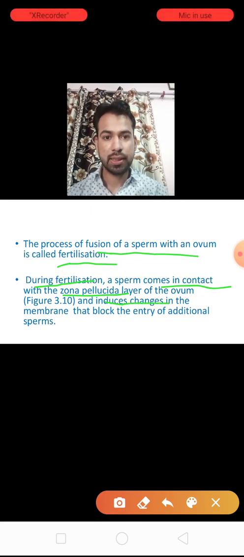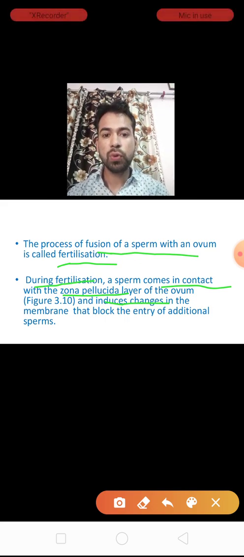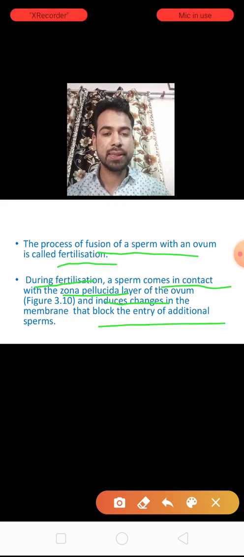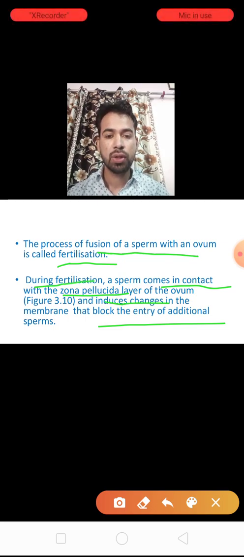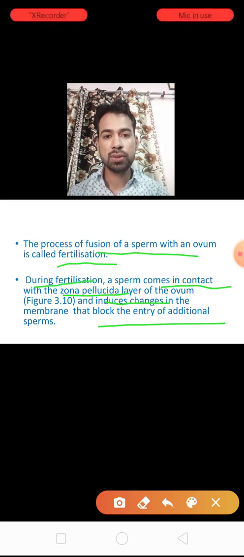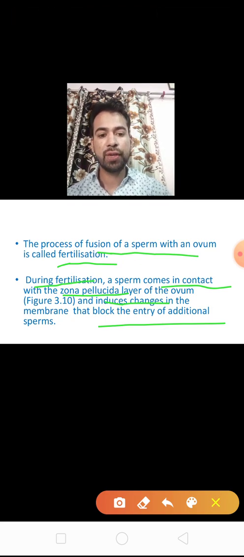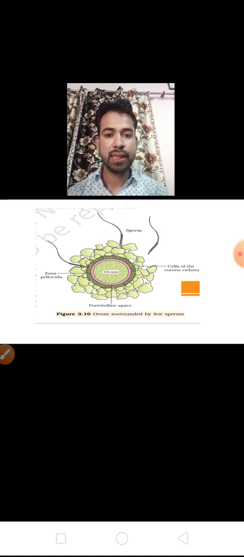The sperm enters the ovum, but due to these changes, the additional entry of sperm is blocked. That means after the entry of one sperm, the zona pellucida layer undergoes certain changes in its membrane, and it blocks the additional entry of sperms. Only one sperm can enter the ovum, and the others are blocked. Clear? Now you can see in the picture.